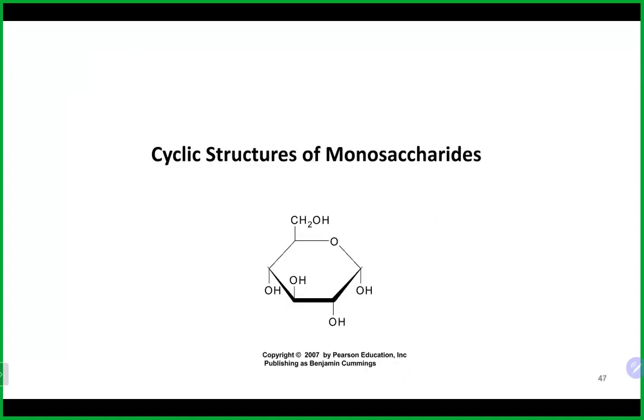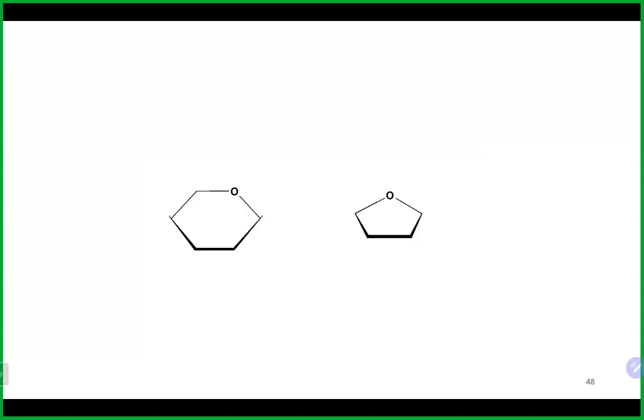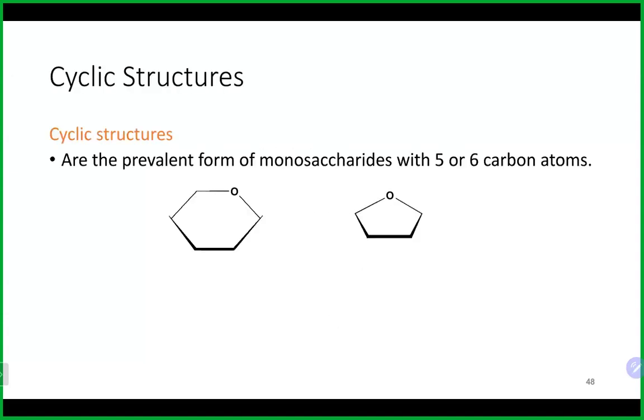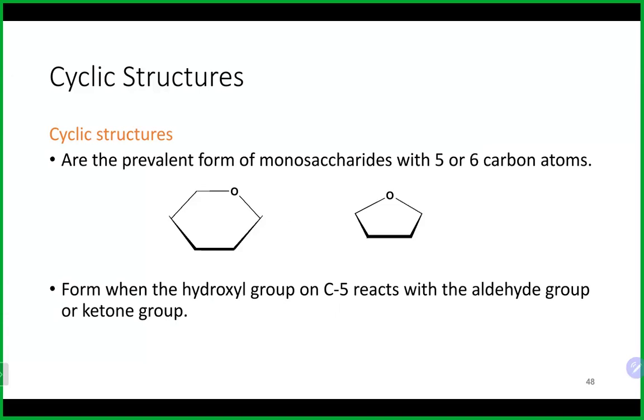Let's talk a little bit about the cyclic structure of monosaccharides. This you will have to draw, so I guess I shouldn't have said that. You might have to draw it from one of these. These sugars, in the straight chain, can close in on themselves and make a cyclic ring type structure. They will make one of 2 rings that look very similar to organic rings.